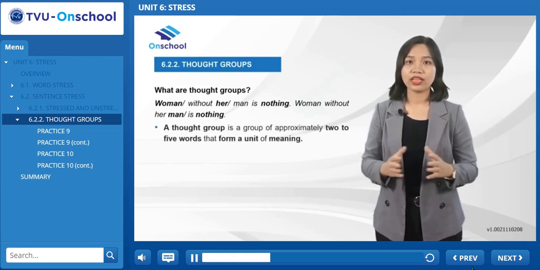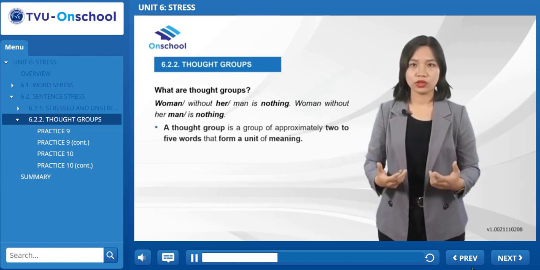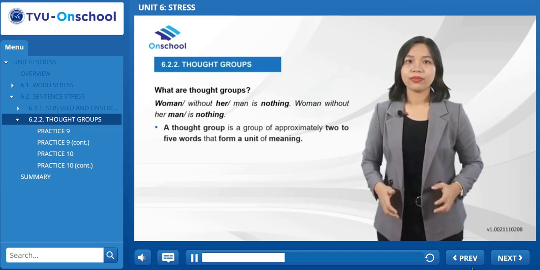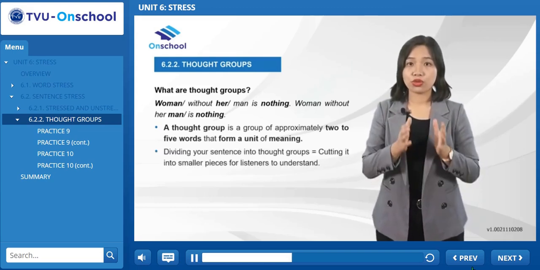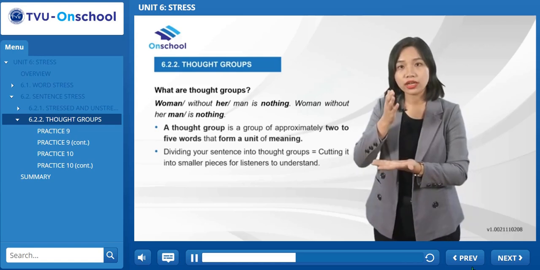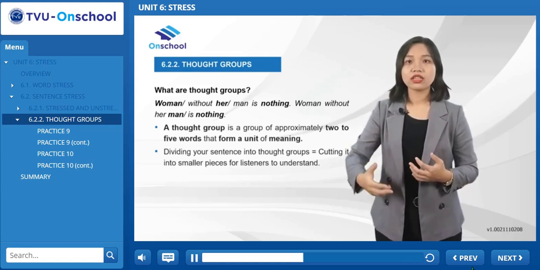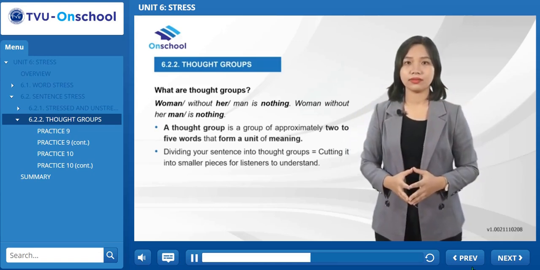A thought group is a group of approximately 2 to 5 words that form a unit of meaning. Dividing your sentences into thought groups means you are going to cut it into smaller pieces for the listener to understand easier.